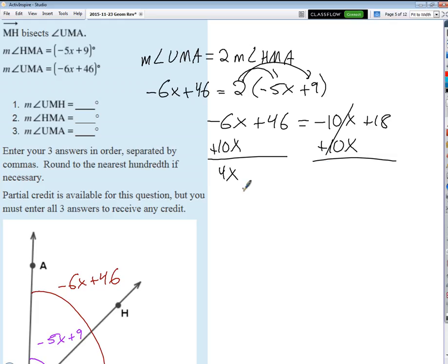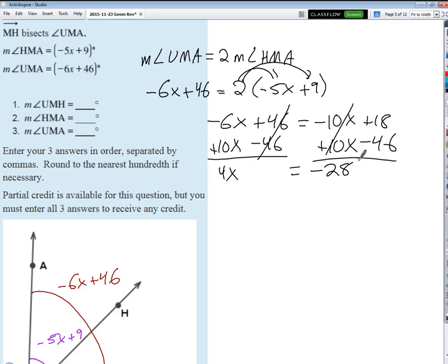Now, what about the numbers? Our goal is to isolate x, right? So where should I push the numbers, right or left? To the right, good. And so what would I do to get the numbers on the right? Subtract 46. So those go away. And then negative 46 plus 18 would be what, negative 28?